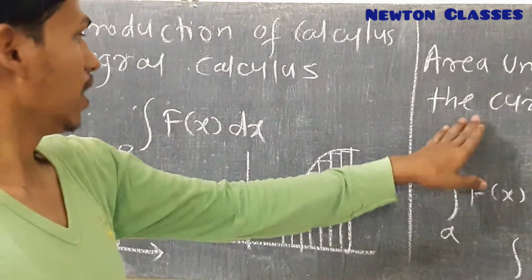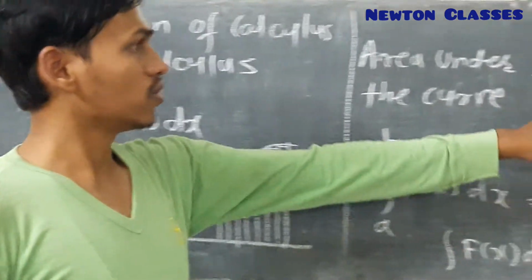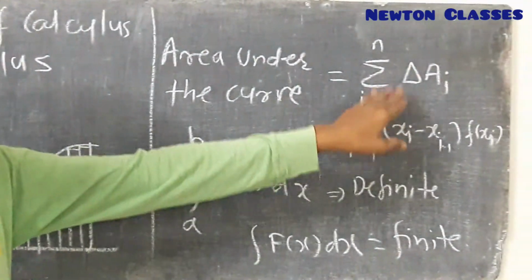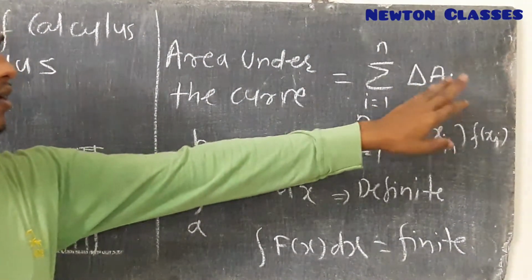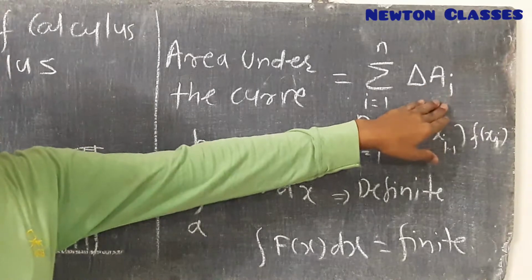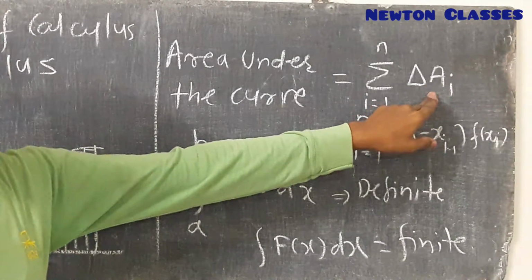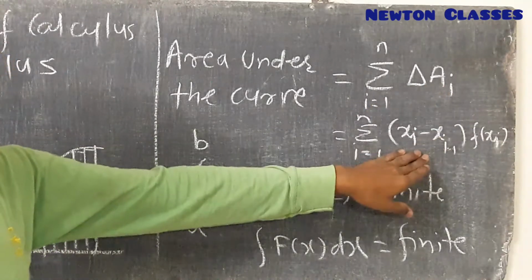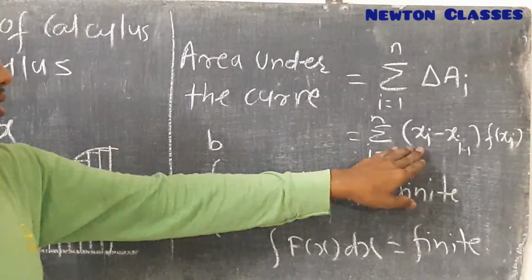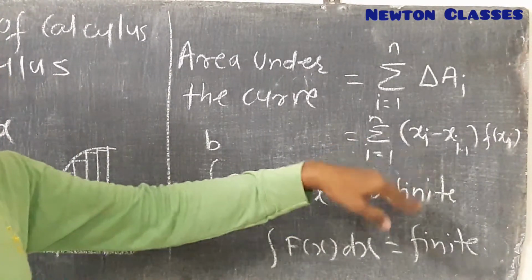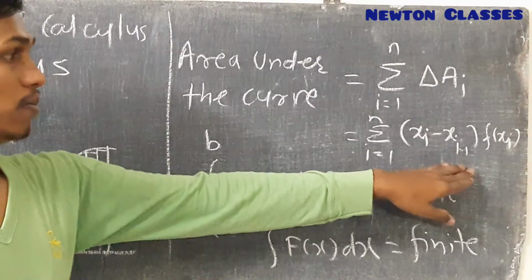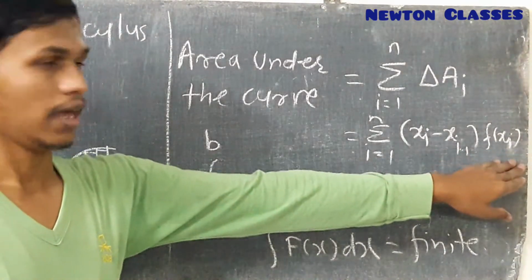That is, the area under the curve is equal to the summation from i is equal to 1 to n of delta ai. Here delta ai is the area of the ith rectangle, which can be written as summation i is equal to 1 to n of delta xi into f of xi.